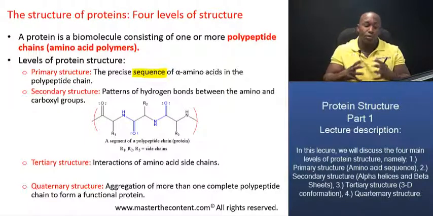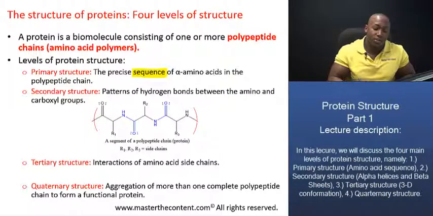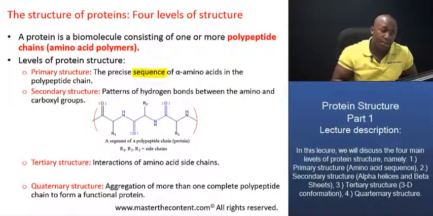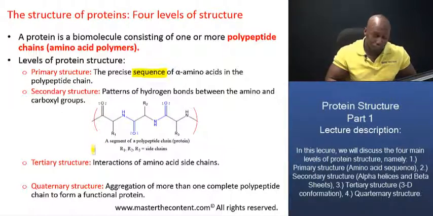So if you remember your basic amino acid structure, we just covered those lectures. Amino acids tend to have what is called a side chain, and the side chains permit the tertiary level organization to occur because of the interactions that happen between them.